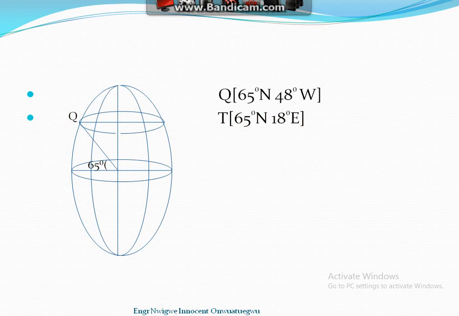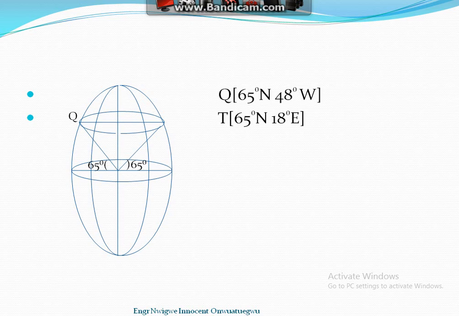We use our protractor for point Q. We measure out 65 degrees on the great circle from the equator, and we draw our straight line. Since on the small circle the angle is 48 degrees west, we mark the point. This is the location of point Q.